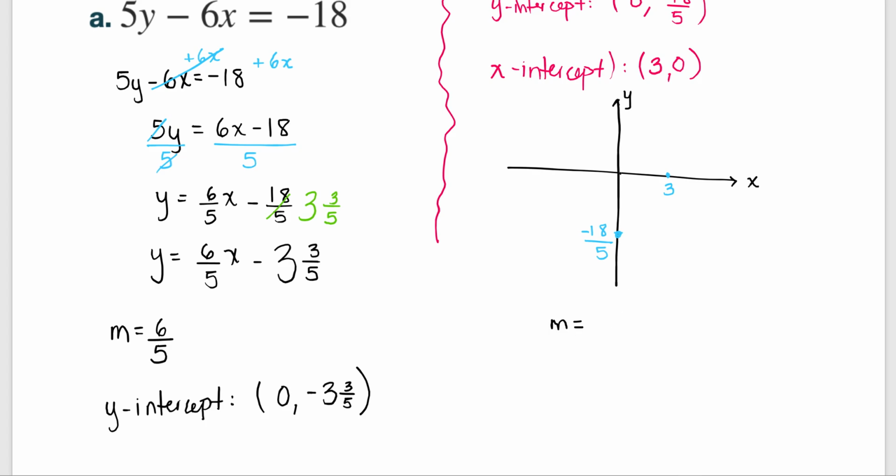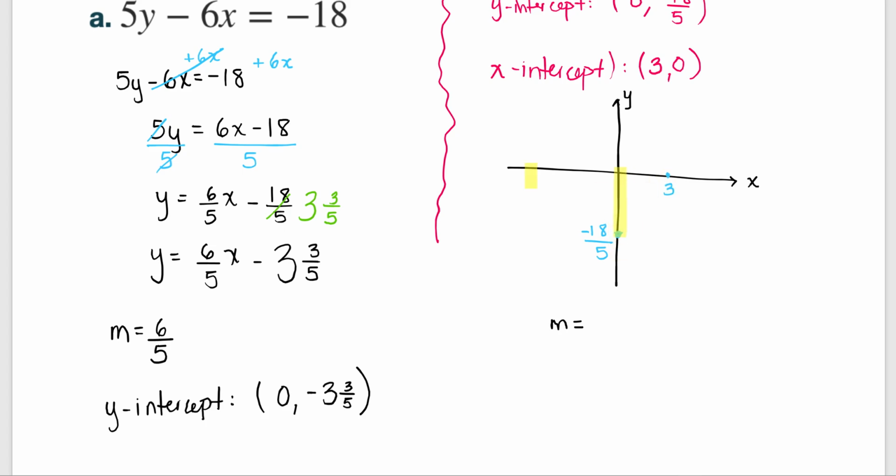Do I have a rise here, girls? I'm asking you. Can I establish what my rise is from this point to this point? I'm at this point and I'm going to move to that point. At this point, I know that x is going to be 0.